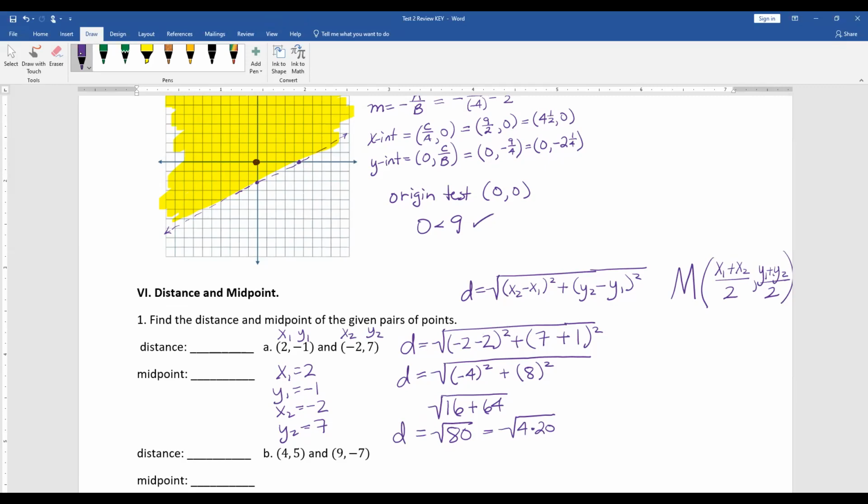So when you simplify, that becomes 2 square root of 20. I probably wouldn't count off much if you left it as square root of 80. If I can just get you to keep the square root, I'll be happy.